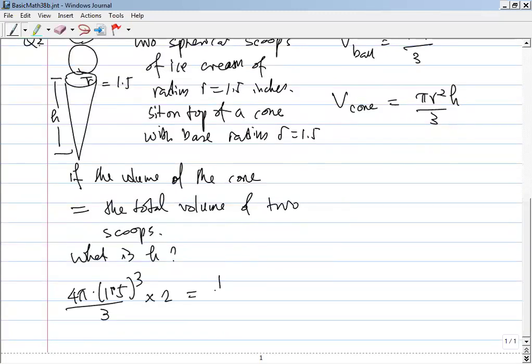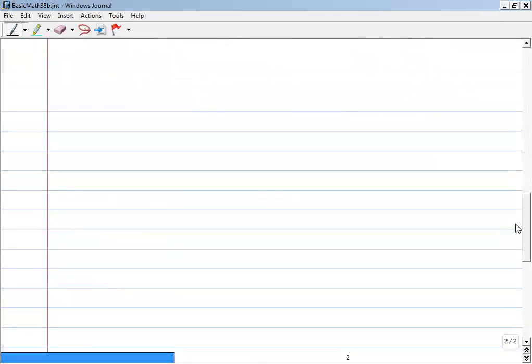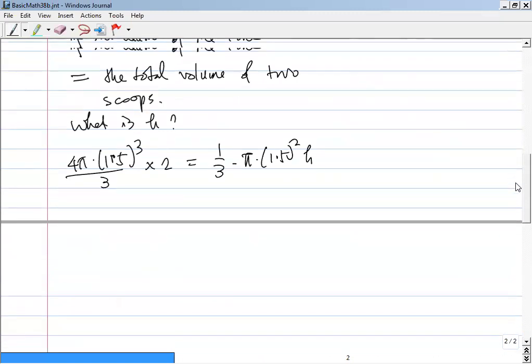This should be equal to 1/3 pi times 1.5 squared times h. So this is the given information. Then you solve the linear equation, as long as you know these formulas.